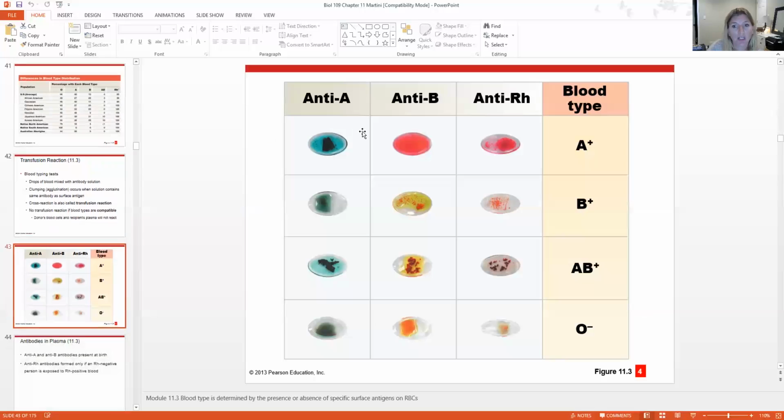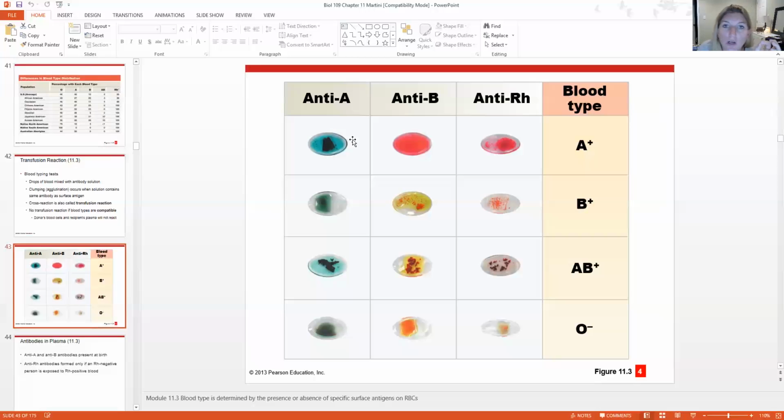So here you see this clumping. If you have A positive blood and you expose it to anti-A, it's going to clump, right? Because it's attacking that A antigen. If you have A blood and you expose it to anti-B, there's no clumping, which means it's compatible. If you have A positive blood and you expose it to anti-Rh, it's going to clump, which means it's incompatible.